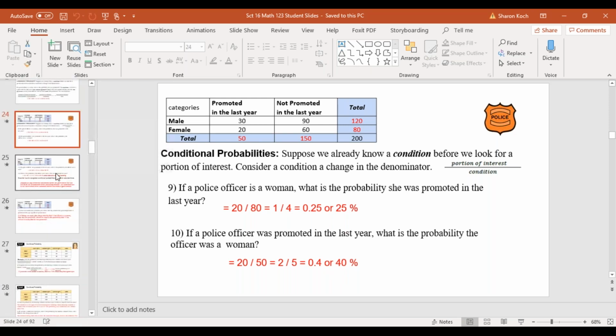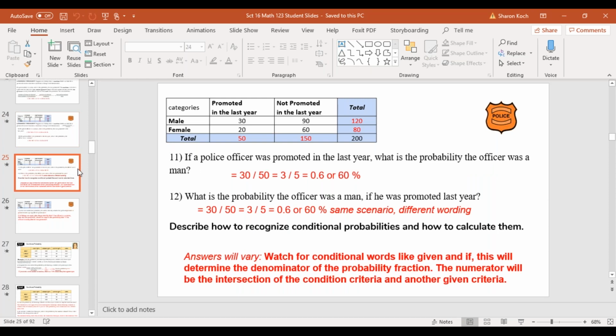And then if a police officer was promoted in the last year, what's the probability the officer was a man? Since I'm still concentrating on those who were promoted, I can do it two different ways. I can figure out that it's the complement of the females that were promoted.